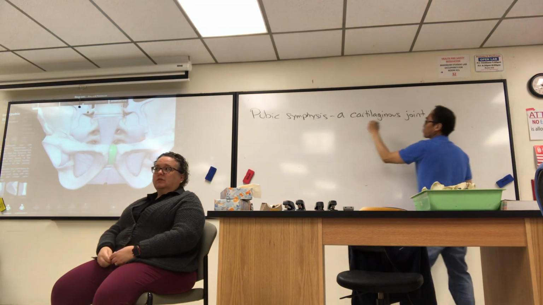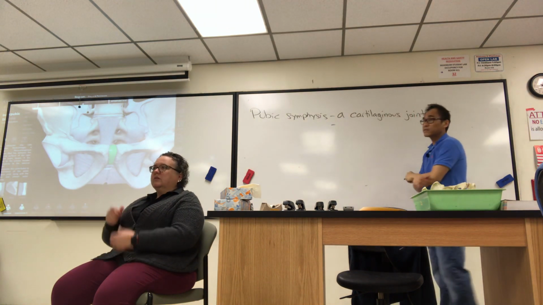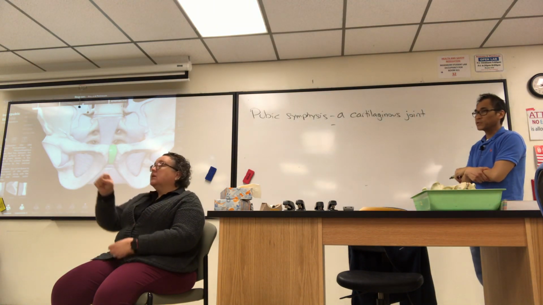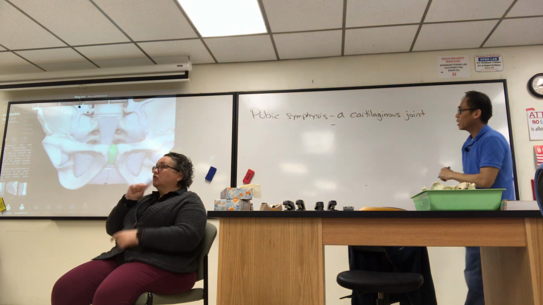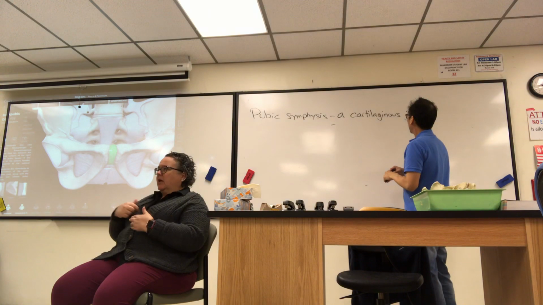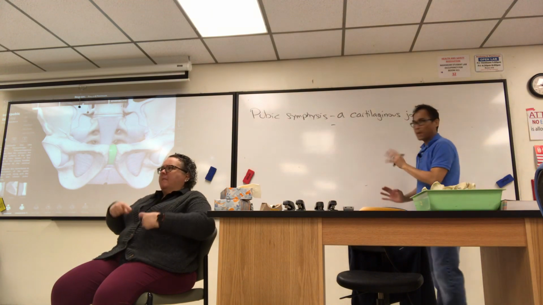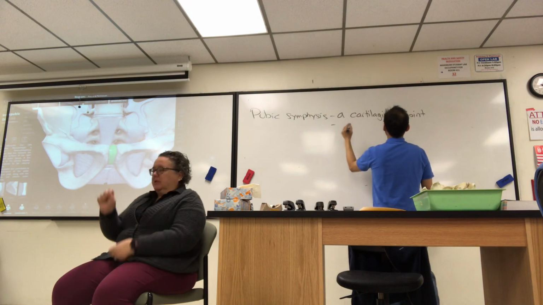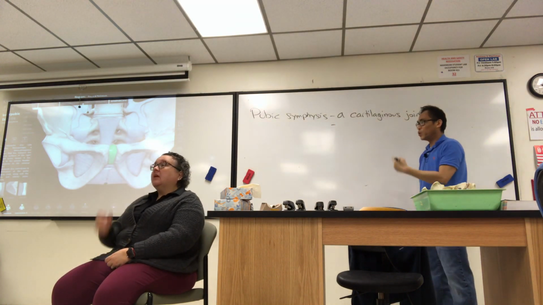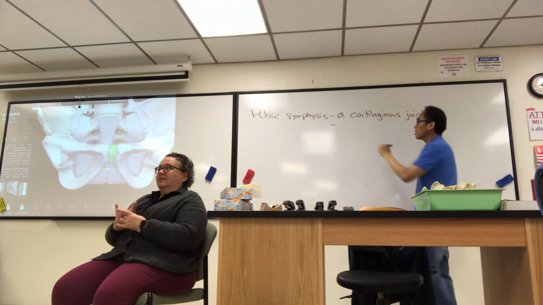And that can move? Slightly, yes. More so during childbirth and child rearing because of oxytocin that's released during labor and delivery. So it moves, but not much. It unites the two pubic bones anteriorly.